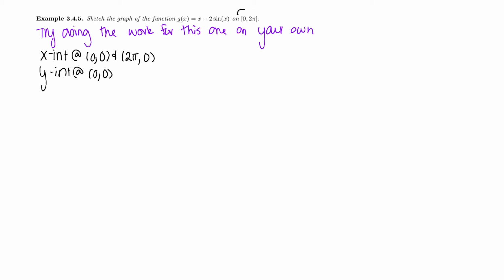For these endpoints, because you have to take care of these endpoints, and if you need to get going in a minute, that's fine, but I'm going to finish this problem up. For the endpoints, you have 0, 0, and 2 pi, comma 0. No, 2 pi, comma.